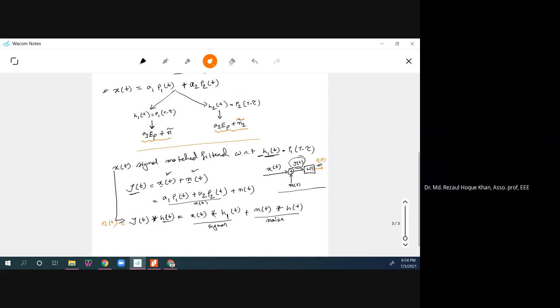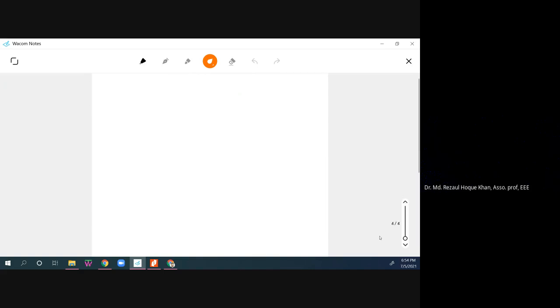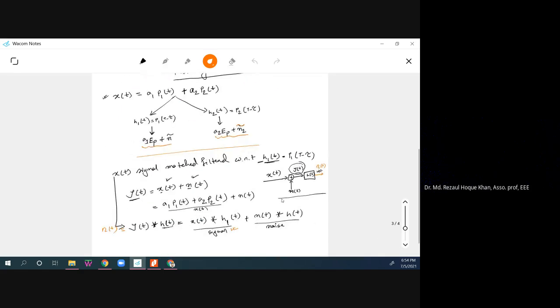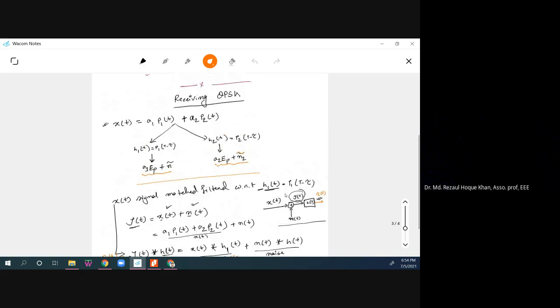So for our case, this is the signal. What will the signal be then? Let me write the signal part again here. We are doing everything for the first waveform. You see, this combination is the first waveform.